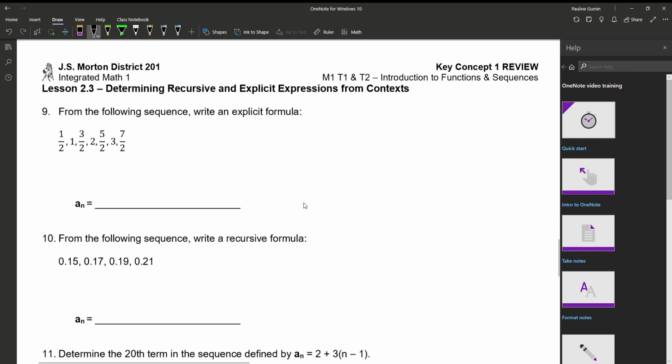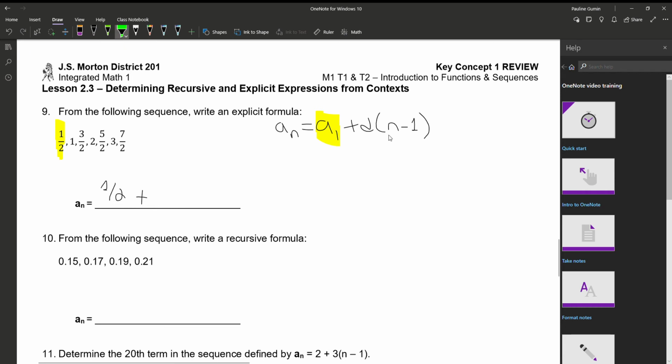Next, for the following sequence, let's write the explicit formula. Now, I will write it down right here for you. This is the explicit formula. We already have the a sub n. Perfect. a sub 1 is our first term, so 1/2. Then we have a plus sign, so plus.